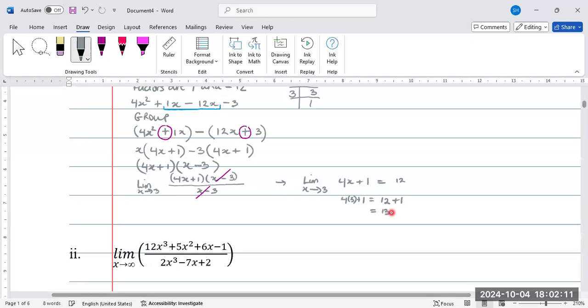So the limit here is equal to 13. Are you okay with that? Yes, sir. Are there any questions, guys?